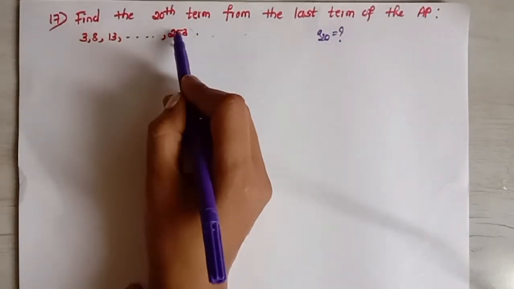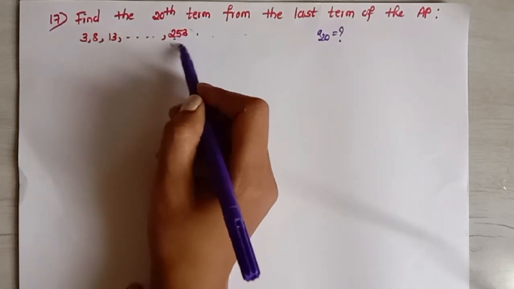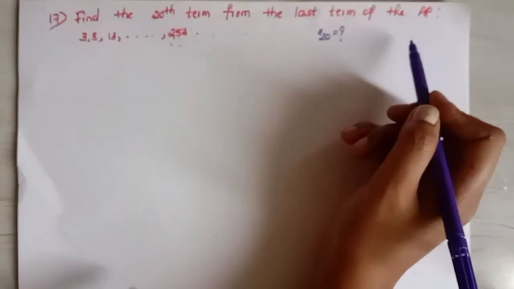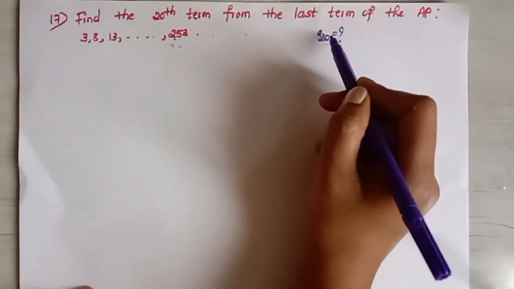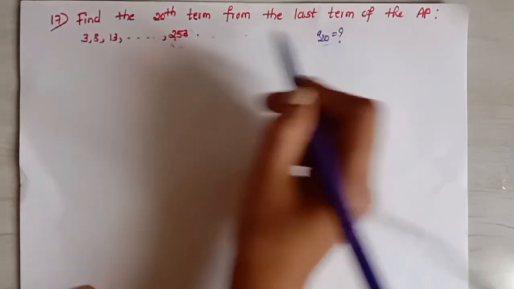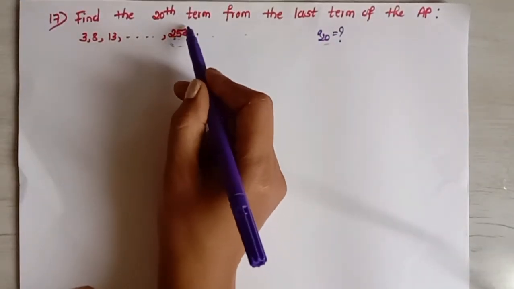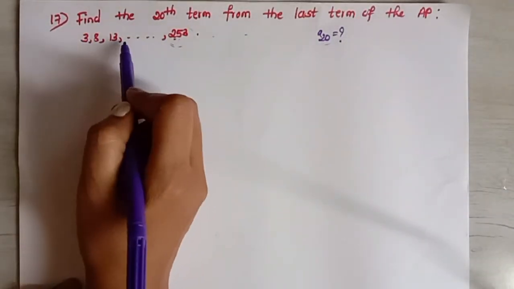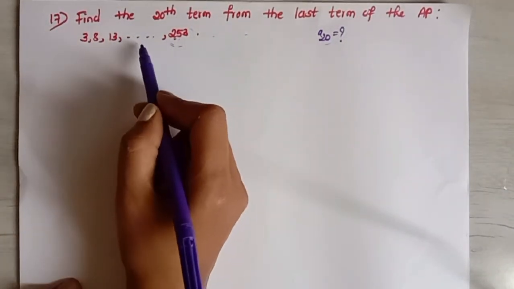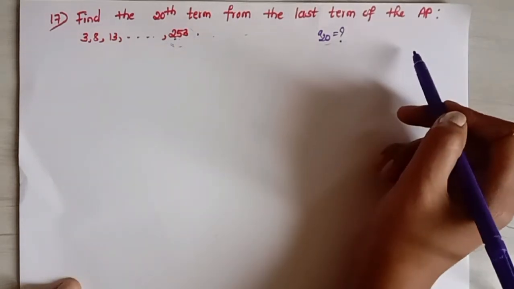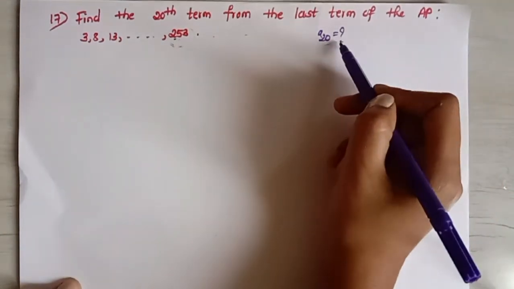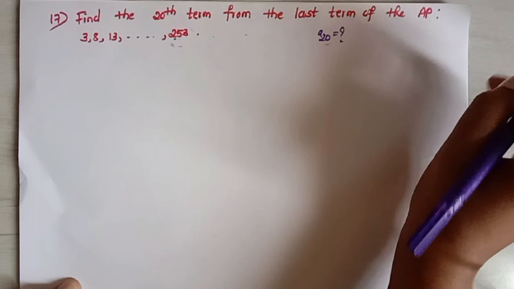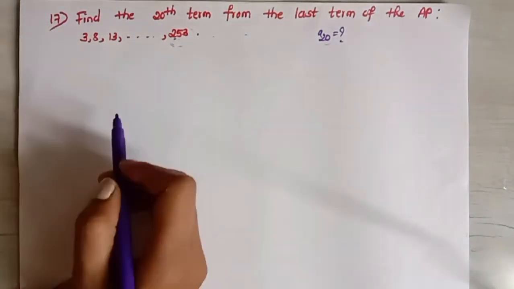It means that this 253 will become the first term. So for this we need A and D. As it will become the first term, this will be A. What is D? D we have to find using this AP, because the difference will be the same throughout the AP series, whether it is A20, A50 and so on up to AN. The D will be the same here.